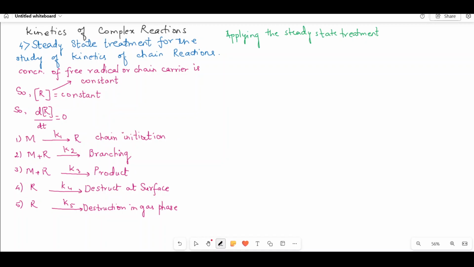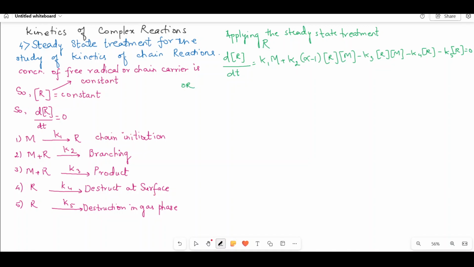Applying the steady state treatment to the radical R, dR by dt, what we get is K1M plus K2 alpha minus 1 Rm minus K3 Rm minus K4R minus K5R, which will be equal to 0.